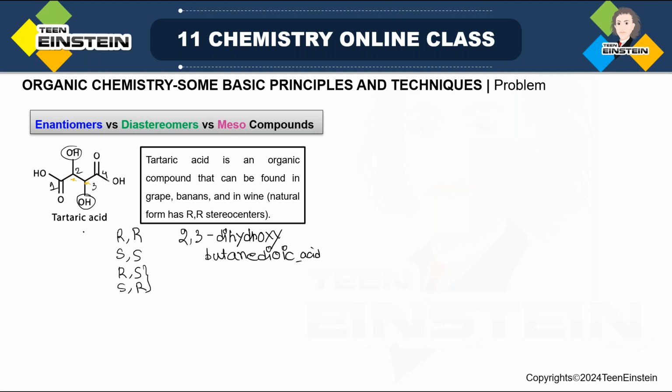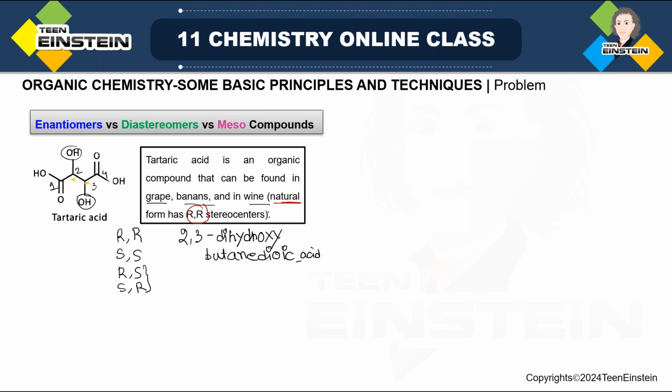So this is tartaric acid, a natural compound you can find in grapes, bananas, wine. And remember, the natural form is RR, having RR stereocenters. The natural form is only the RR form. So this is the importance of stereochemistry.